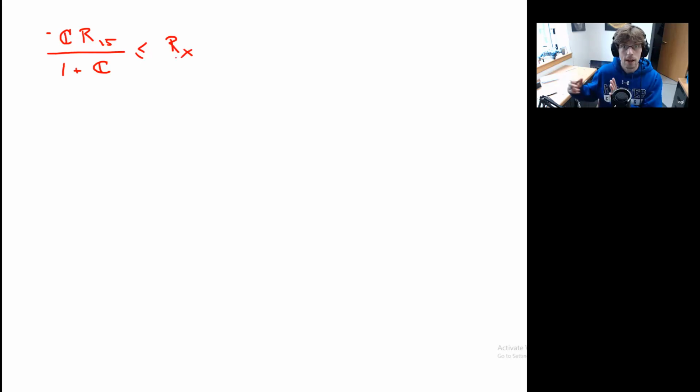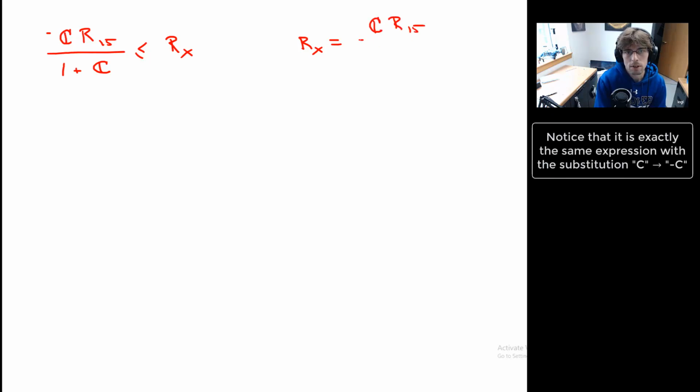And if we treat that right side of the equation, okay, what would we get? We would have something that said Rx must be less than or equal to the constant times R15 over 1 minus whatever that constant is.